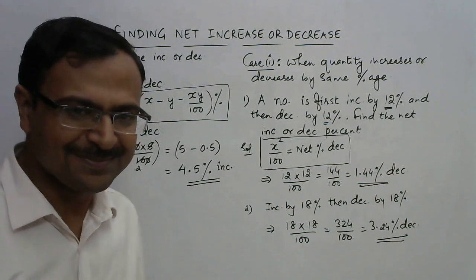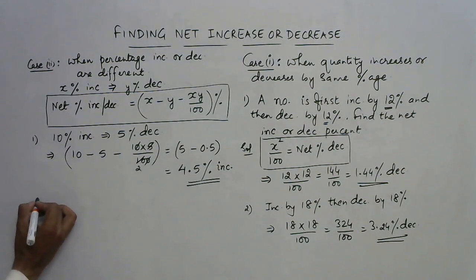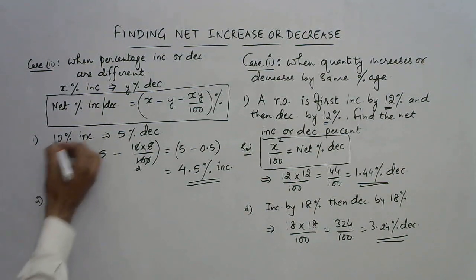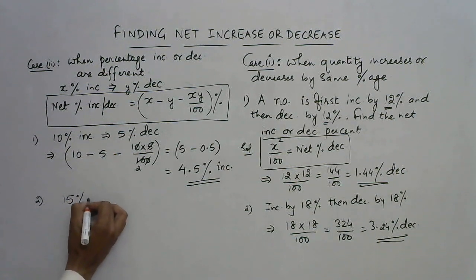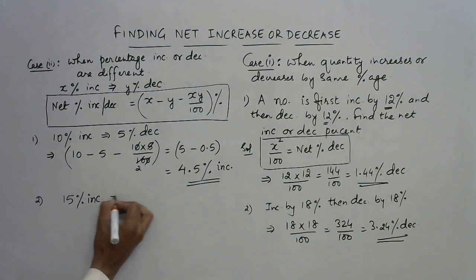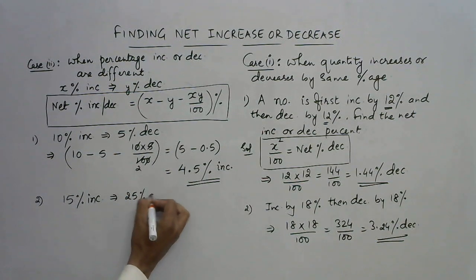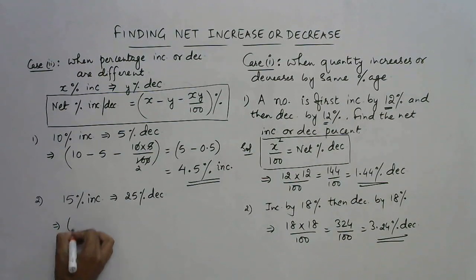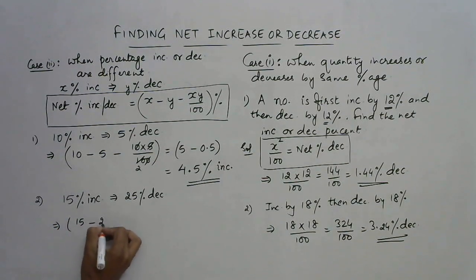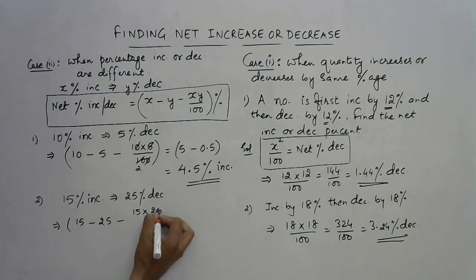Very easy, right? One more question and then we will have it solved. Suppose a quantity increases by 15% first and then decreases by 25%. Now let's see what happens here. So 15 minus 25 minus 15 into 25 upon 100.